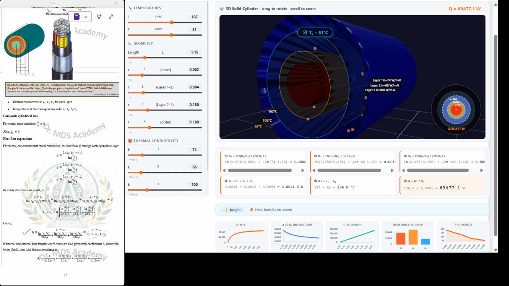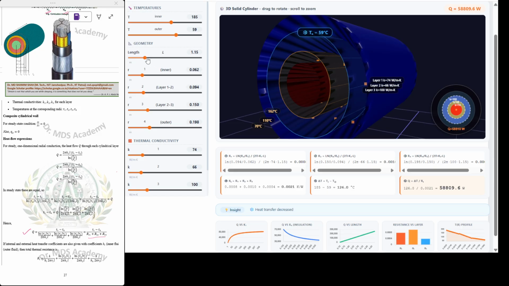See here, 136 currently. So Q is rising because Q and T inner are directly proportional. Similarly, when you are decreasing the T outer temperature, the difference is increasing, so Q will rise. When you are raising the T outer temperature value, the Q value is decreasing.